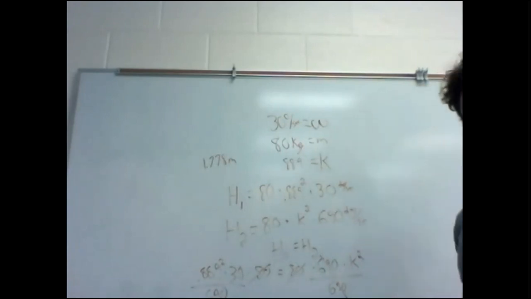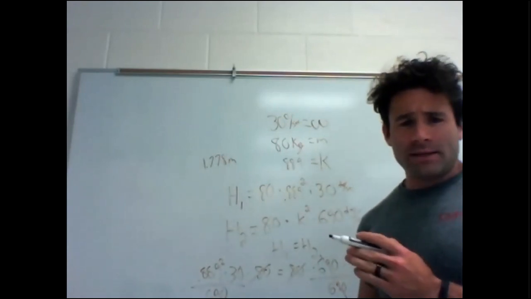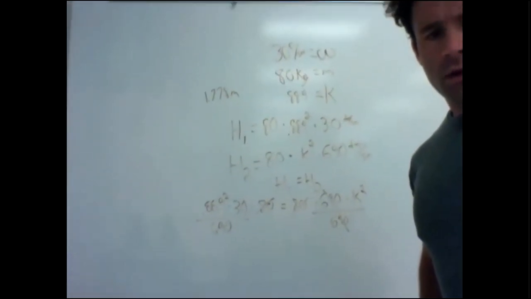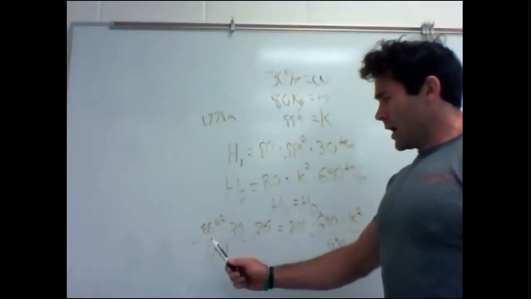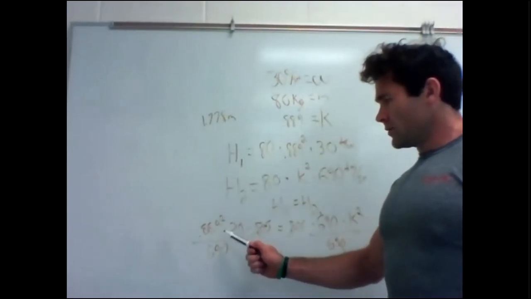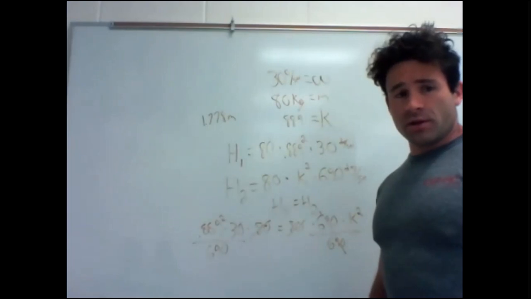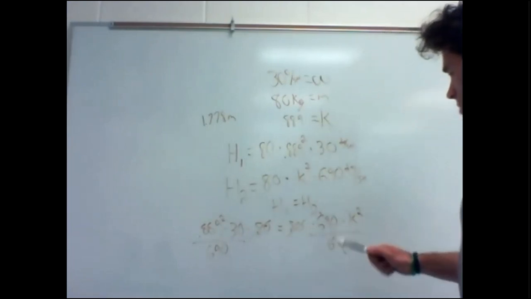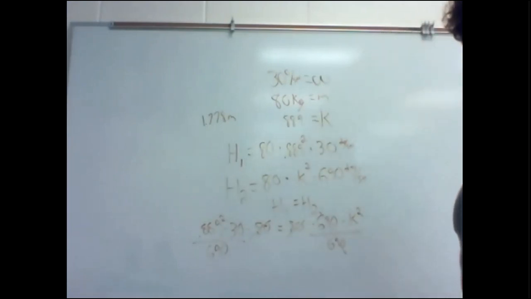Okay, so then we have 0.889 squared times 30 divided by 690 equals K squared.